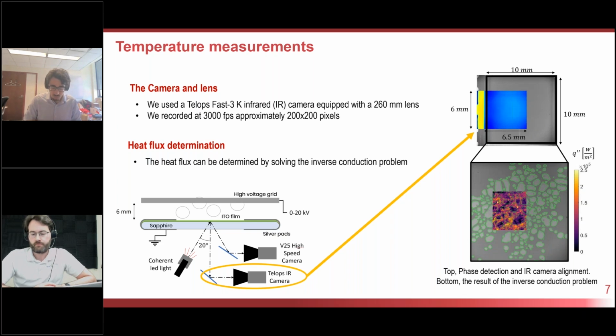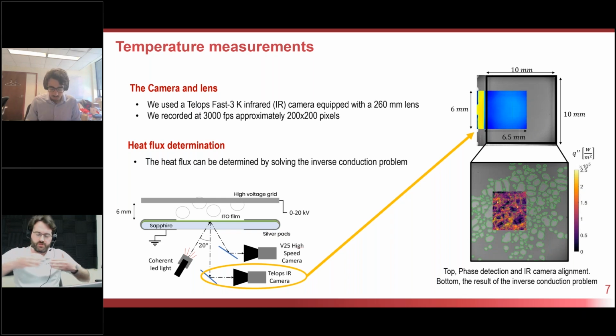So low IR fluid, zinc selenide, a low IR substrate, and then basically using the ITO. And then, well, the question was, I don't know if the person that asked the question can clarify maybe, but asking about doing the measurement of the solid surface in contact with the fluid.